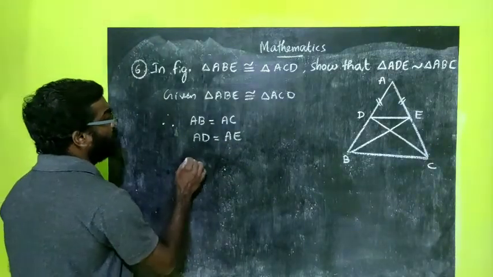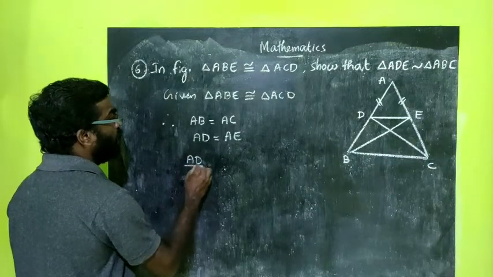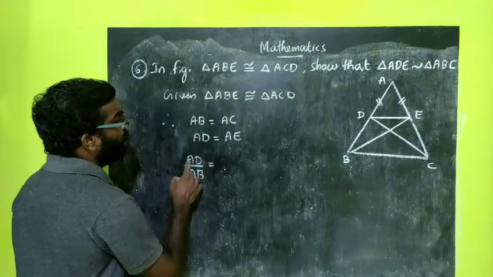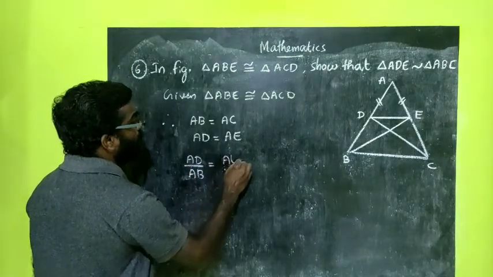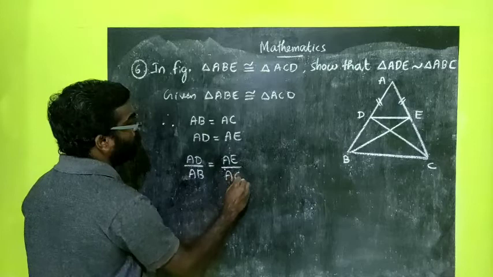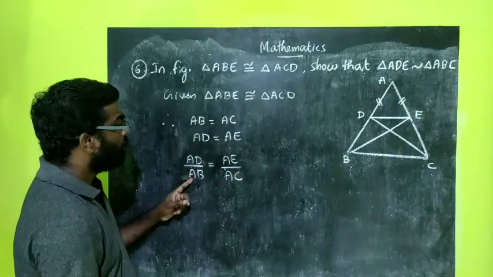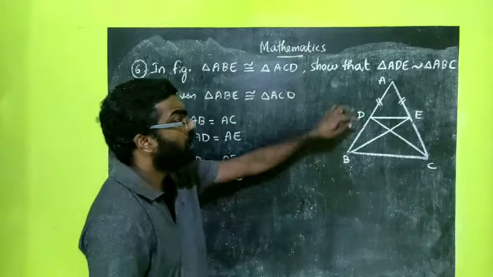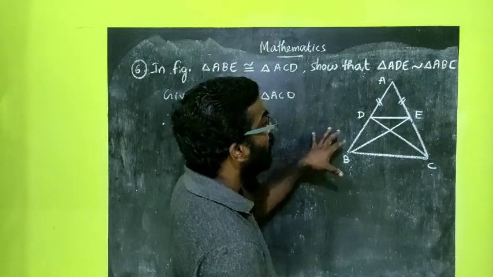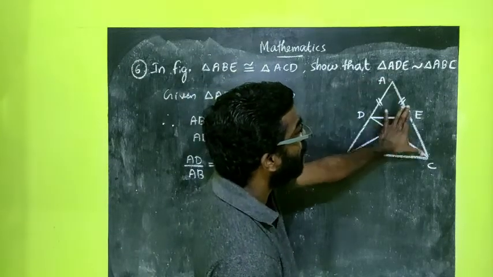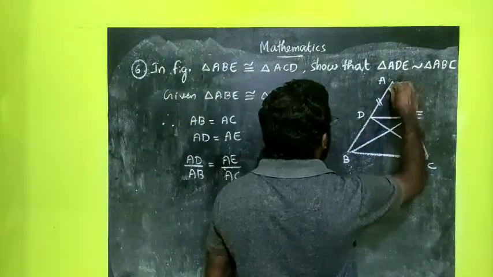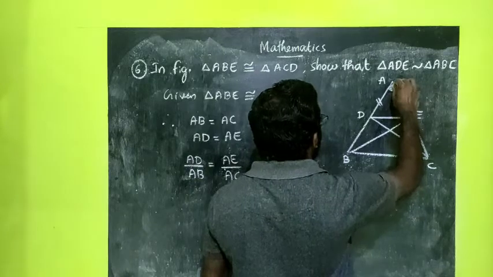Now I am going to divide these two. AD by AB is equal to AE by AC, replacing AD by AE and AB by AC. Now look at this figure. AD, the side of small triangle, by AB, the side of large triangle, and AE is the side of small triangle, AC is the side of large triangle. And A is the common angle, included angle between the two sides.